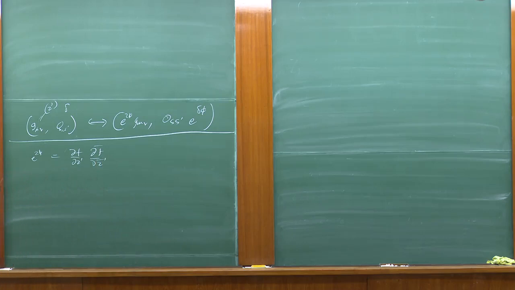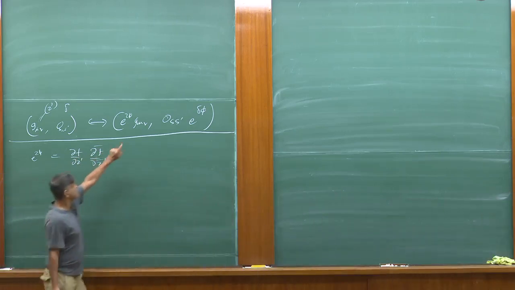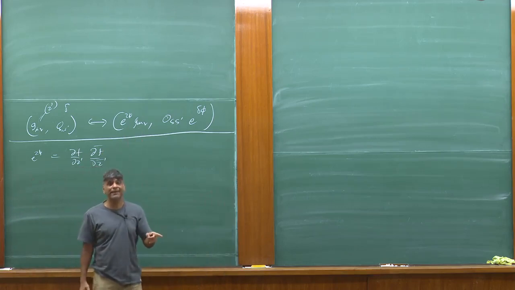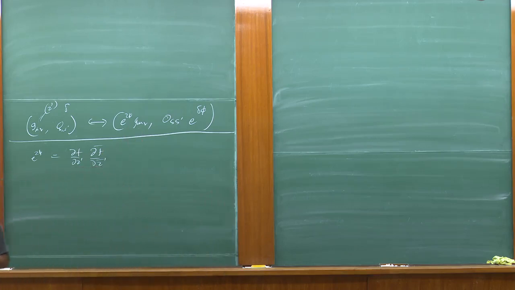So f and f bar are some functions, the functions we'll call z and z bar, the new coordinates. We're specializing to the study of such Weyl transformations that can be written in this form. In that case, we can just move to the coordinates z and z bar.